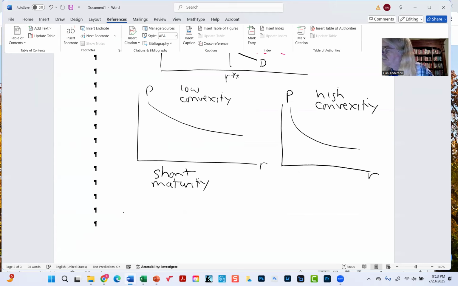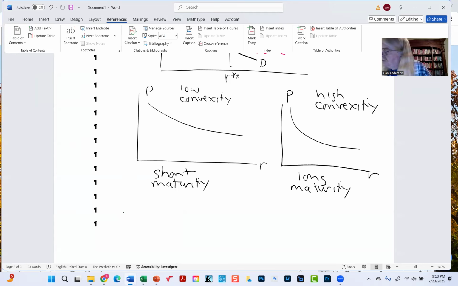The one on the right is probably a very long maturity bond. But it turns out that other factors are involved here too, for example, the coupon rate will have an effect. And so what we do know is that some bonds have a relatively low convexity and some have a very high convexity.